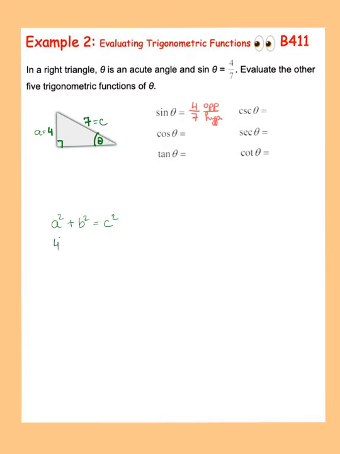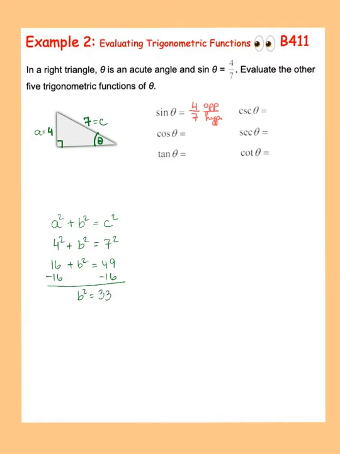So 4 squared plus b squared equals 7 squared. 16 plus b squared will equal 49. Subtract 16 from both sides so we can solve for b squared. So b squared is going to give me 33.